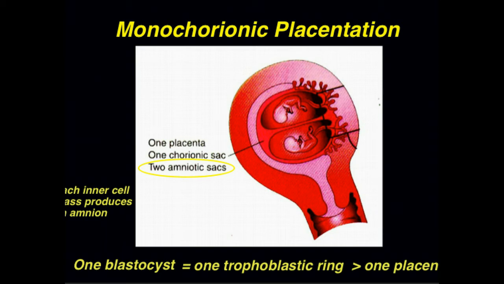So the dominant circumstance for monozygotic twins is to have a single placenta, monochorionic, and two amniotic sacs, diamniotic.